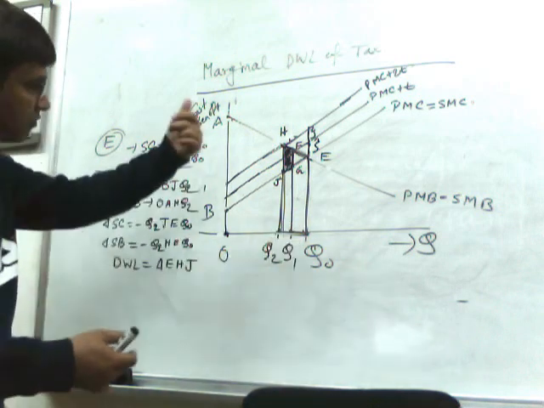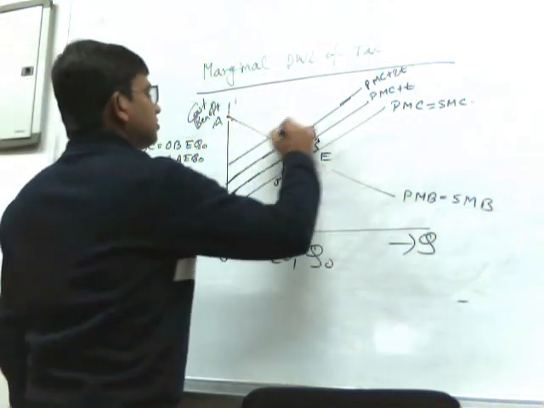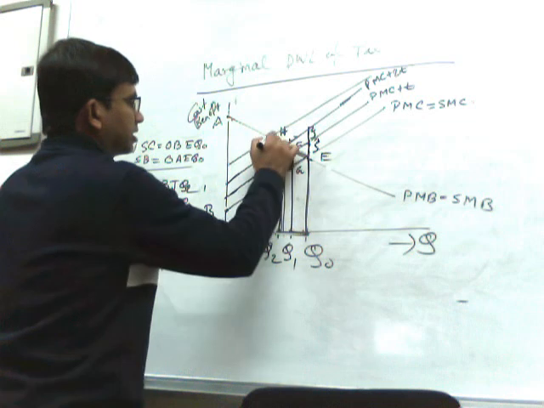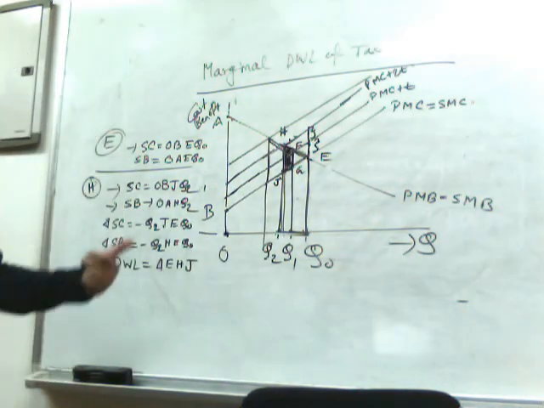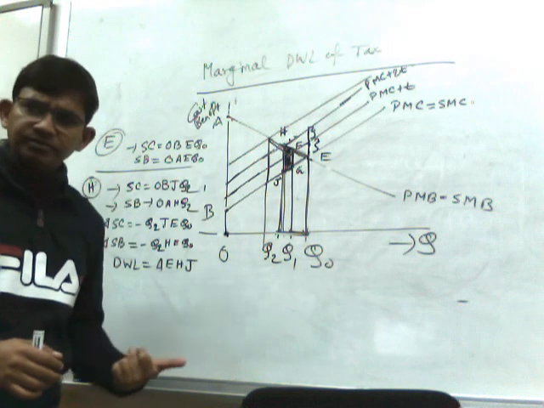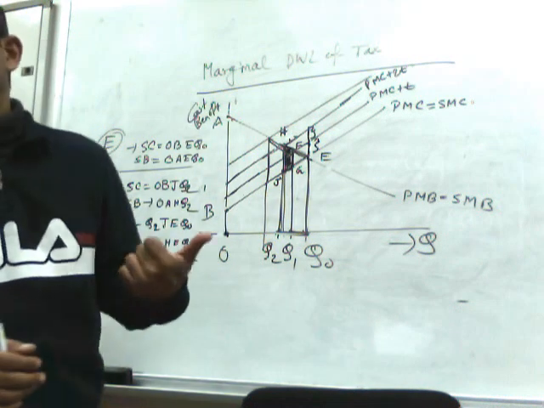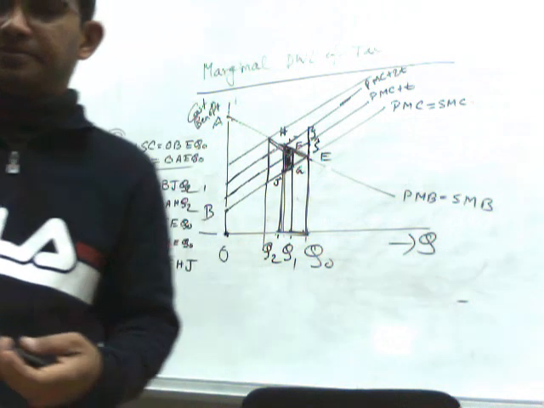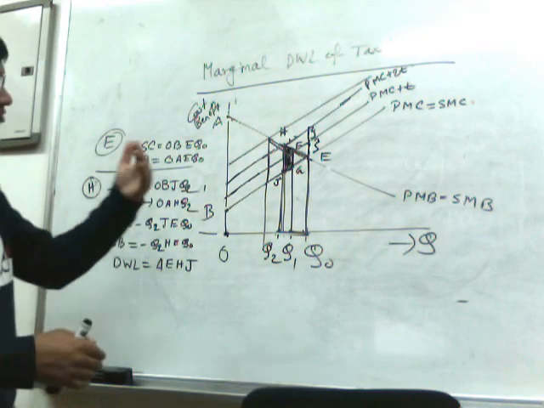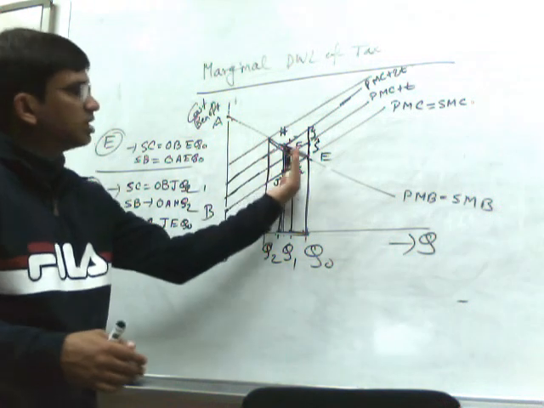If we further increase the tax, we can find that this will be the additional distortion or additional deadweight loss. So as the tax rate increases, the marginal deadweight loss will keep on increasing, because there will be more divergence from the socially optimal point.